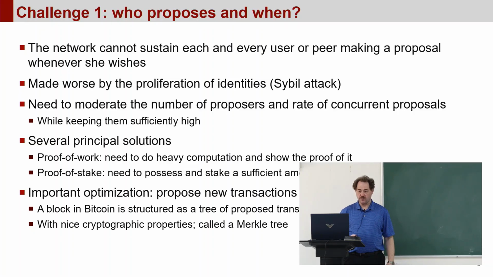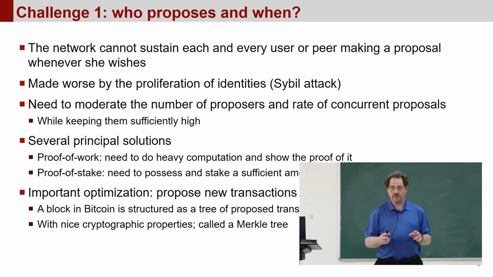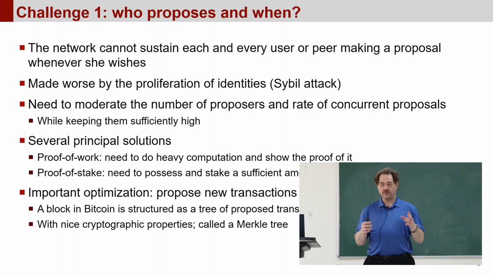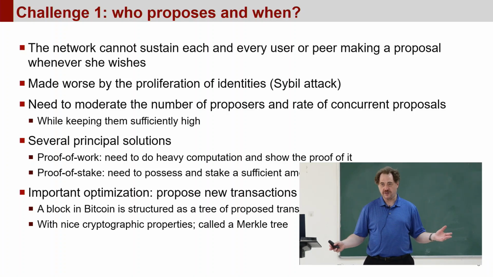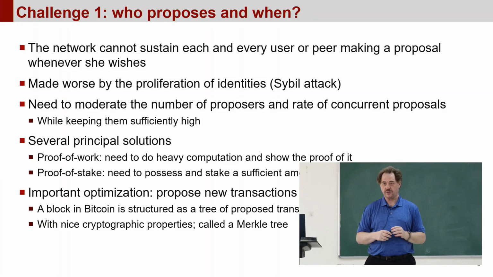The problem is made worse by the proliferation of identities, Sybil attacks. Because now, again, it's not possible in the real world, but in the virtual world, I can create multiple identities of myself, and now 10 different Romans, well, no one would know that it's Roman, right? 10 different miners, 10 different proposers would suddenly each propose a block.